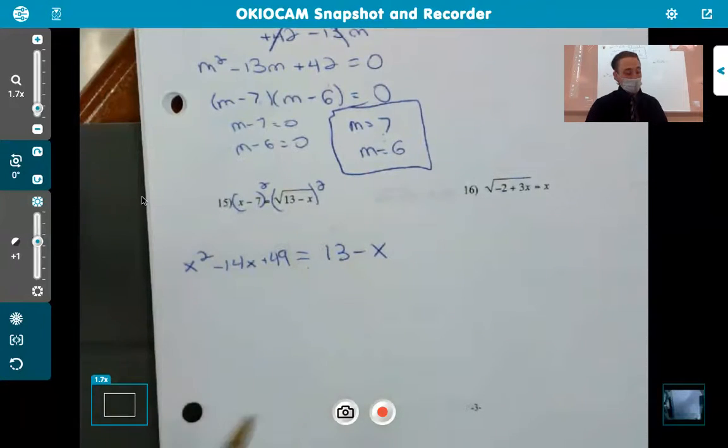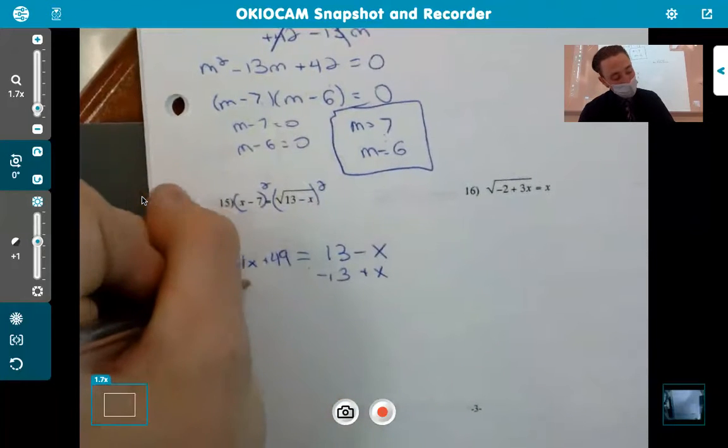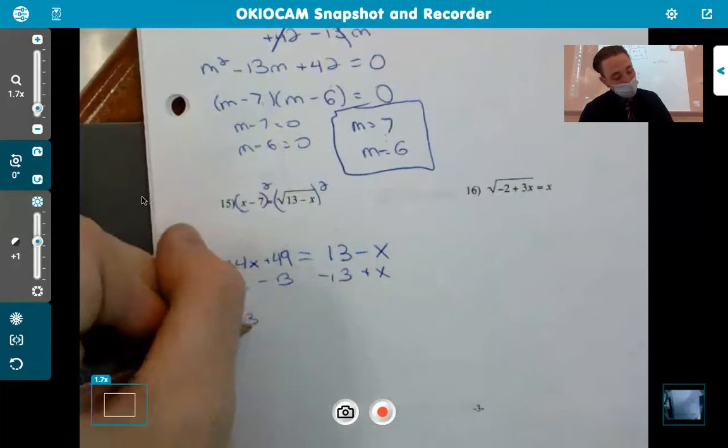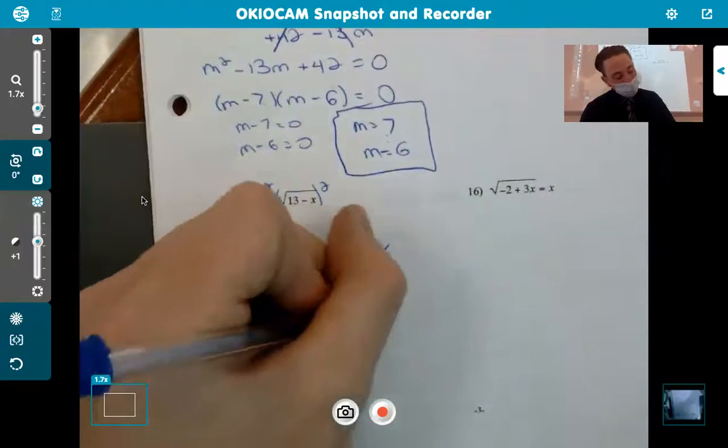I'm going to have to go through the factoring process, so I need to get everything on one side. And I'll have x squared minus 13x plus 36 is equal to 0.